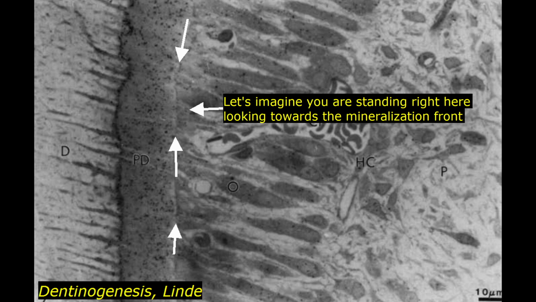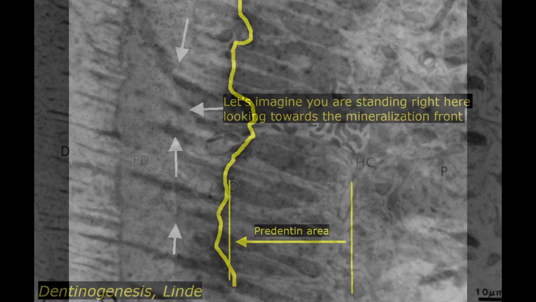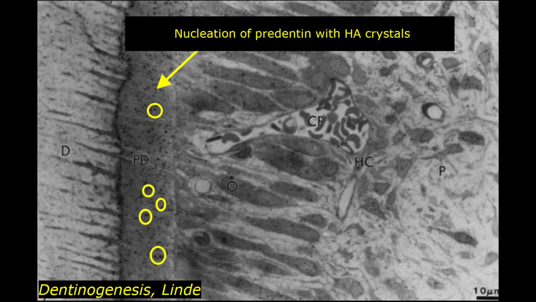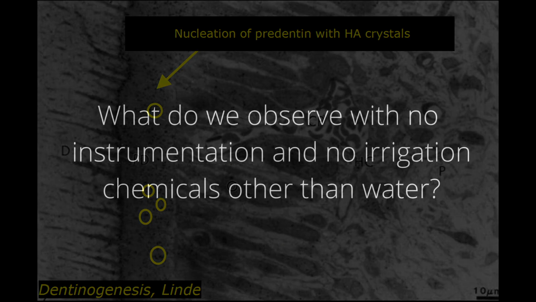So you're standing right there at the mineralization front at the entry to the predentin. And in the predentin, there is crystallization by hydroxyapatite crystals incrementally as that turns into a mineralized tissue.